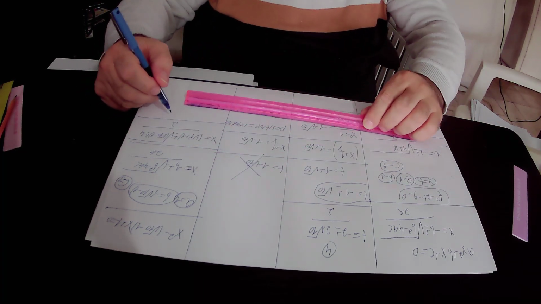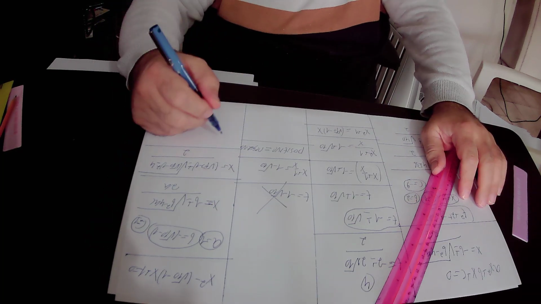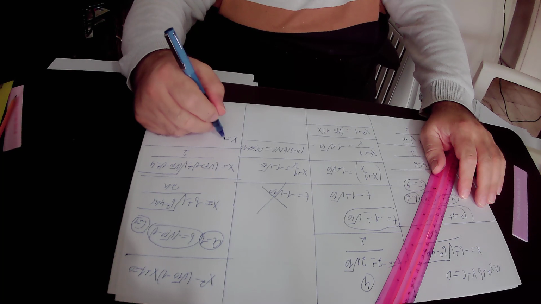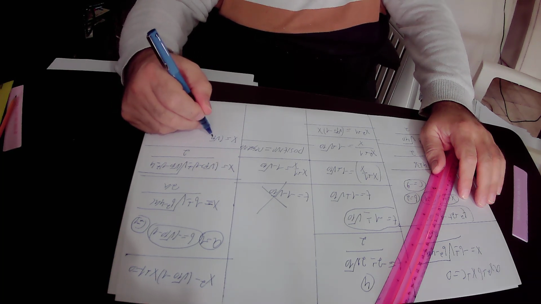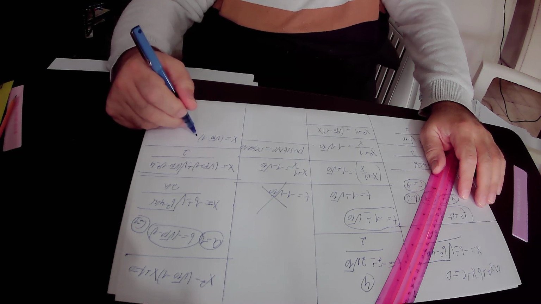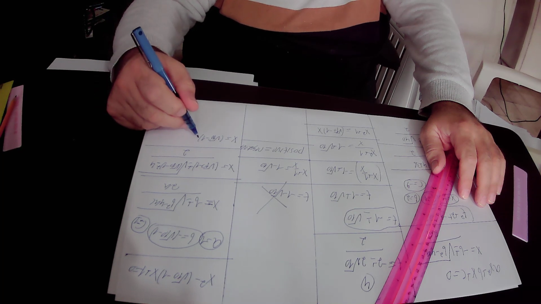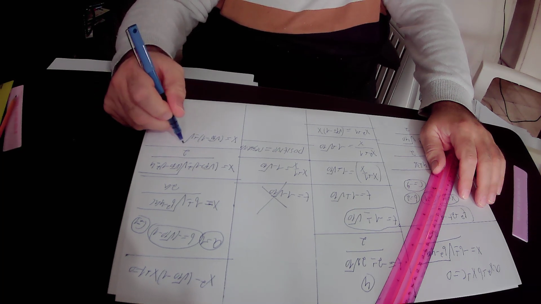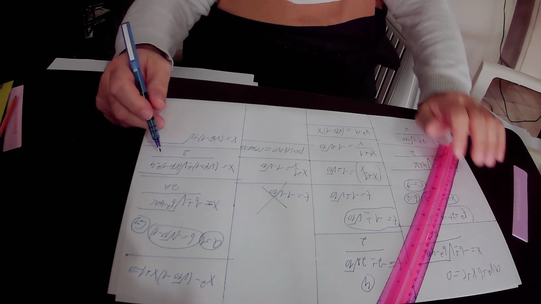So here we have x equals square root of 10 minus 1 plus minus square root of 10 minus 1 squared.